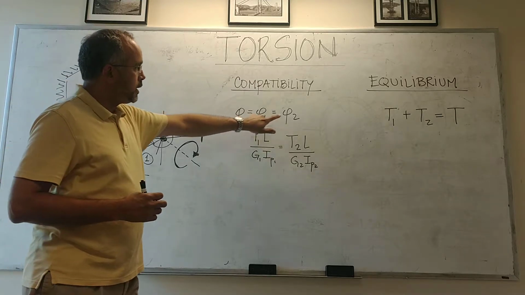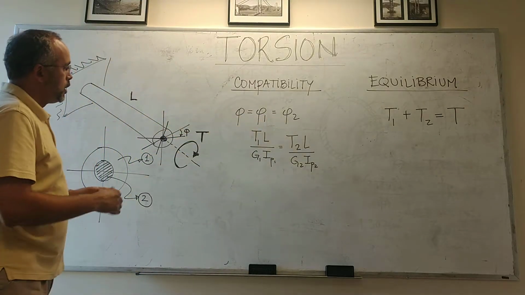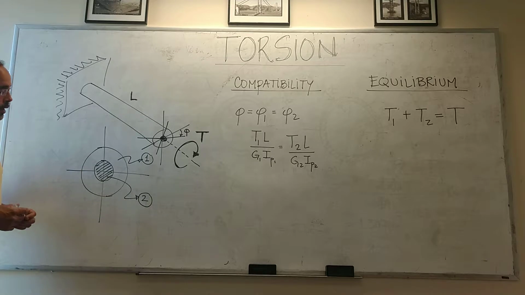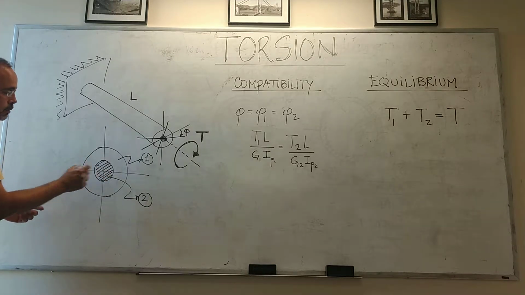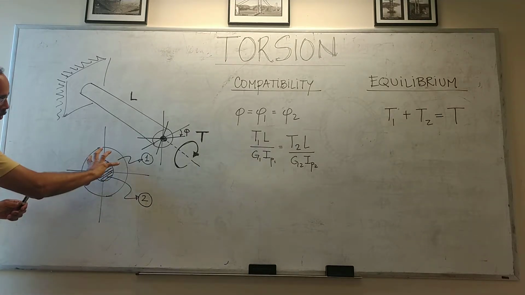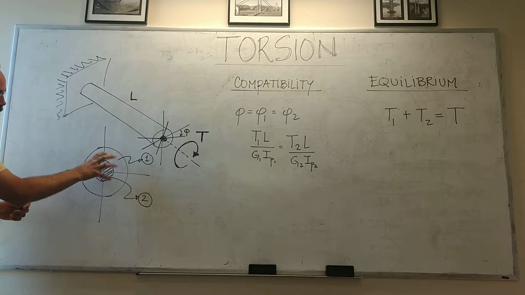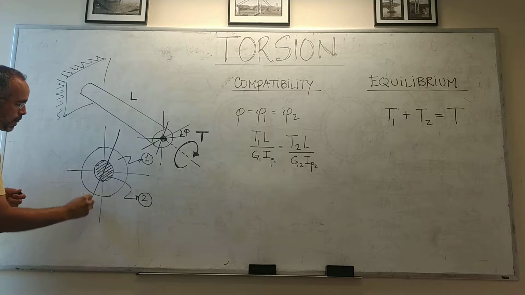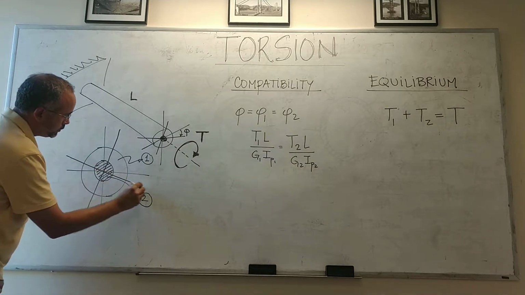And that phi is the same for the material at the core and the material on the surface, material 1 and material 2. So this whole thing rotates the same amount.